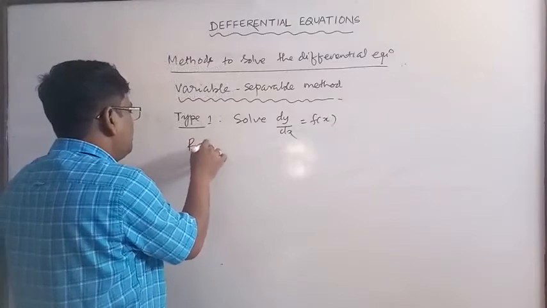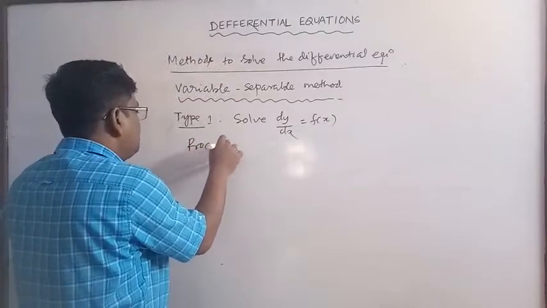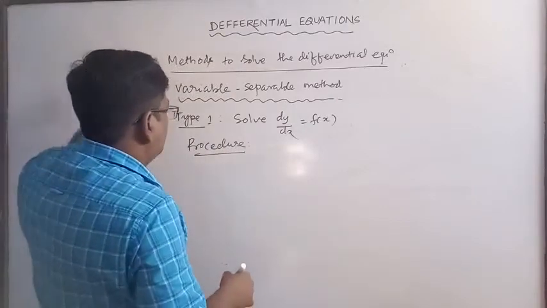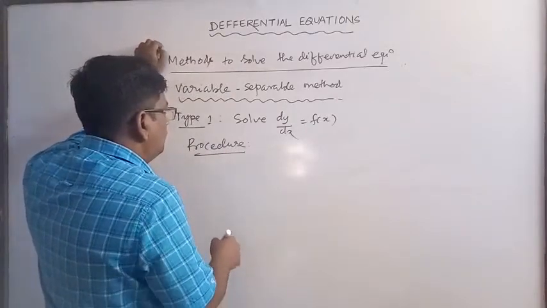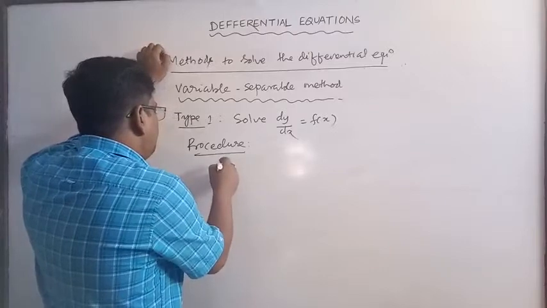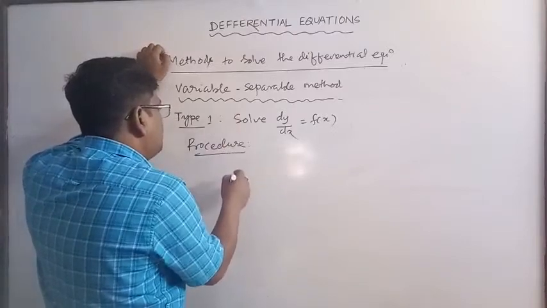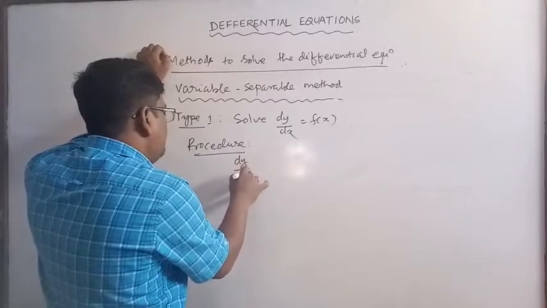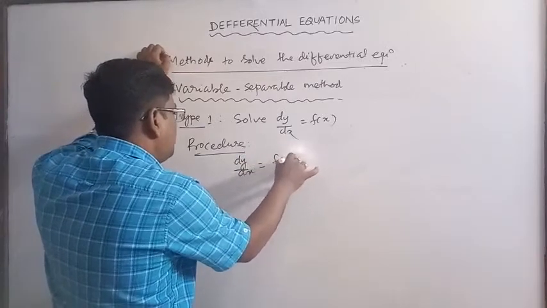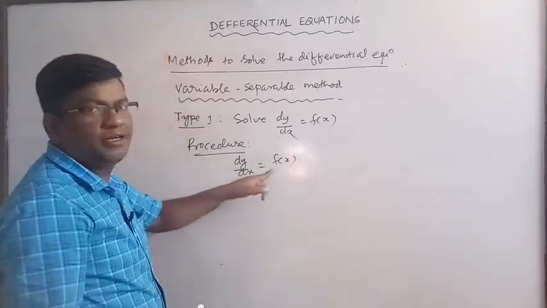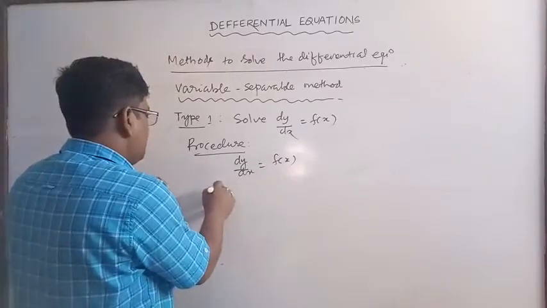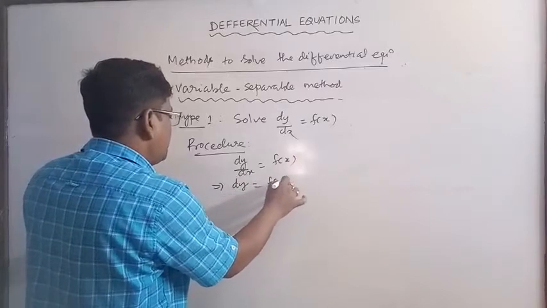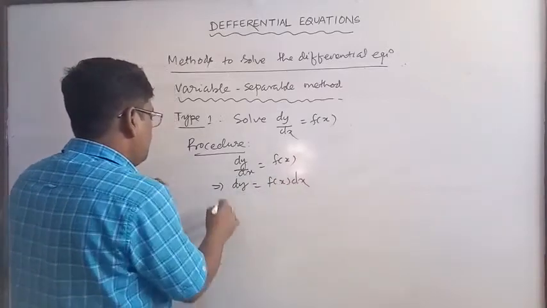Procedure. dy by dx is equal to f of x. Take dx nearer to f of x. That implies dy is equal to f of x dx. Now integrating both sides.